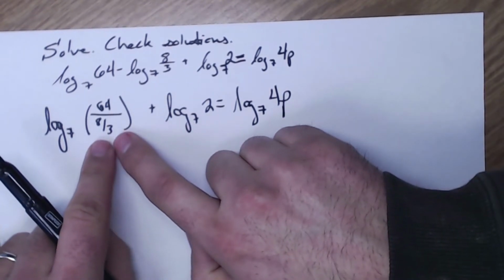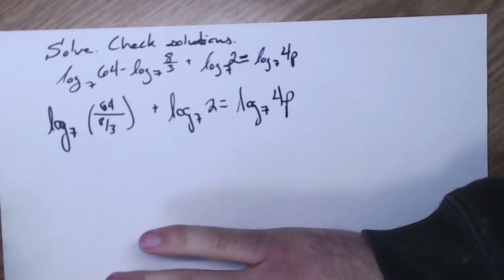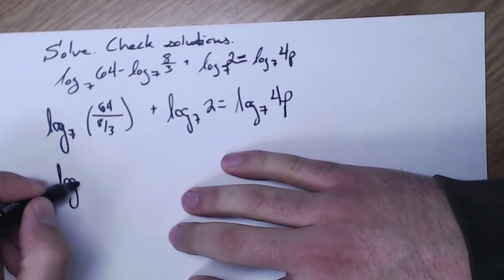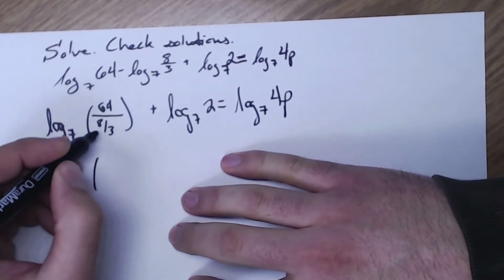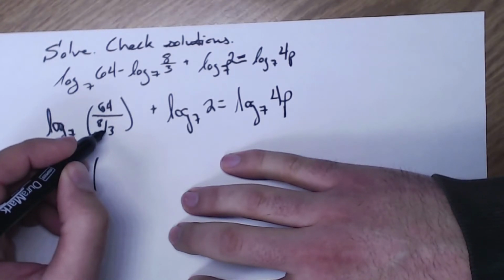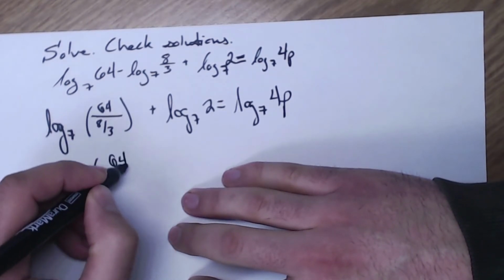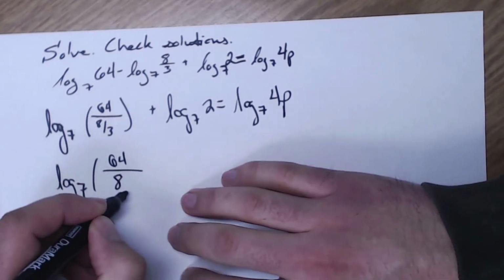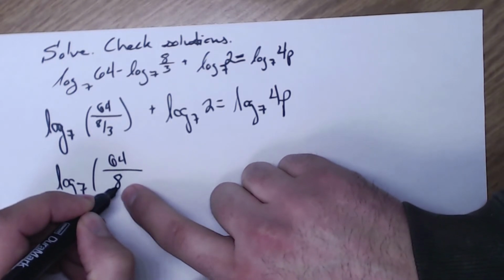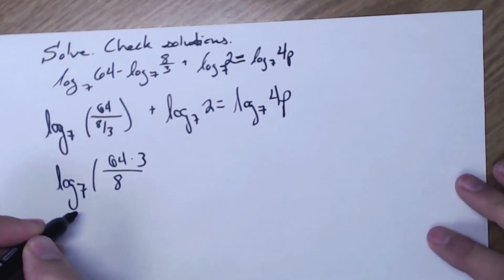Let's simplify this one before we go any further. I have a fraction within a fraction, and that's not so great. 64 divided by 8 thirds. Since I have the fraction in the bottom, that's the same as multiplying by a regular 3.